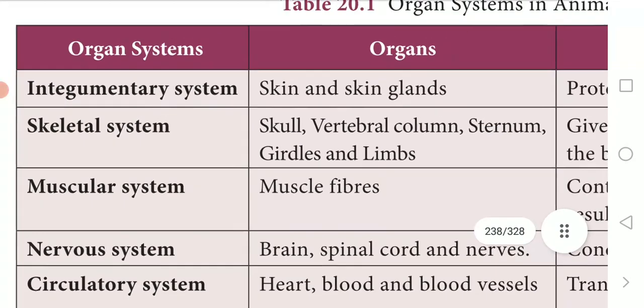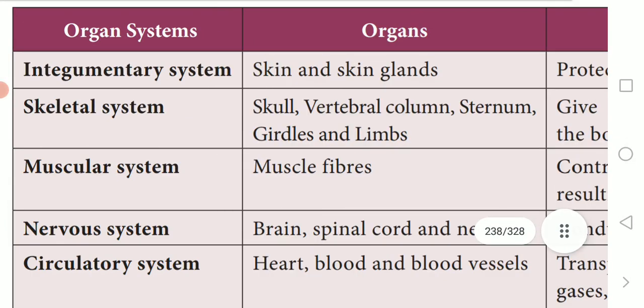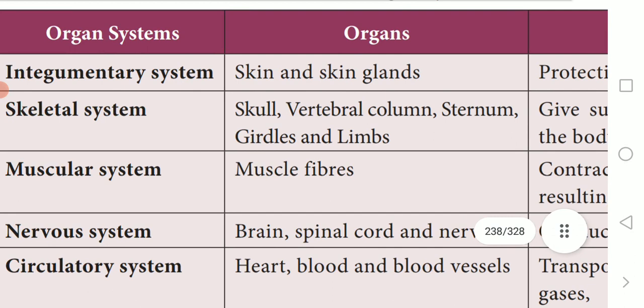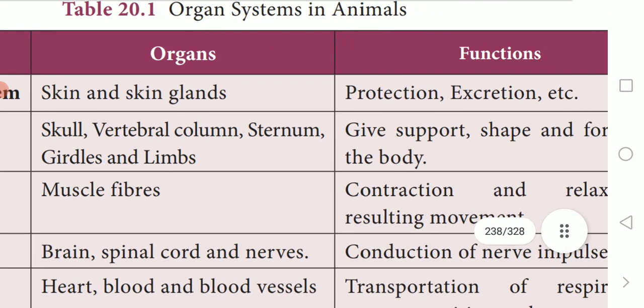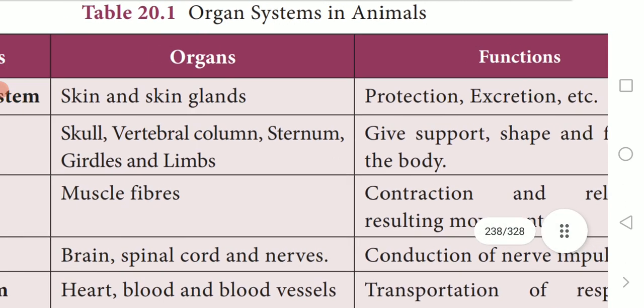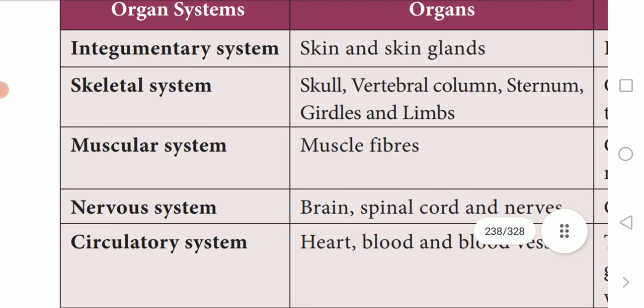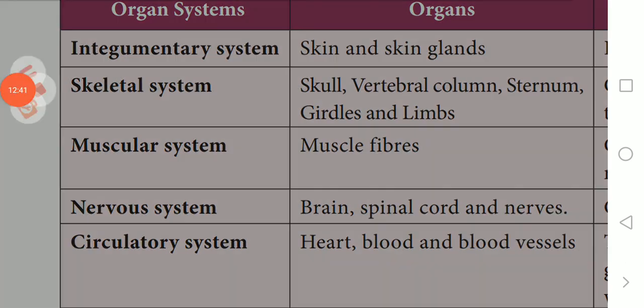In the integumentary organ system, what organs are present? Skin and skin glands. What are its functions? Protection and excretion. And the skeletal system: what organs are involved?